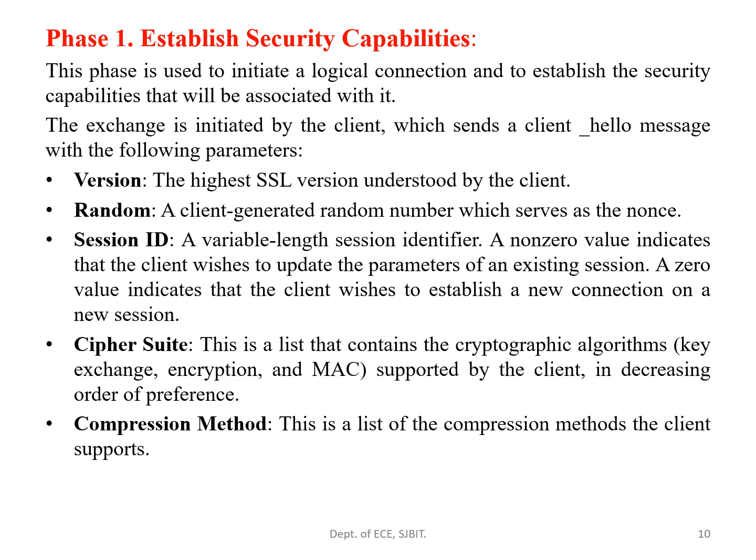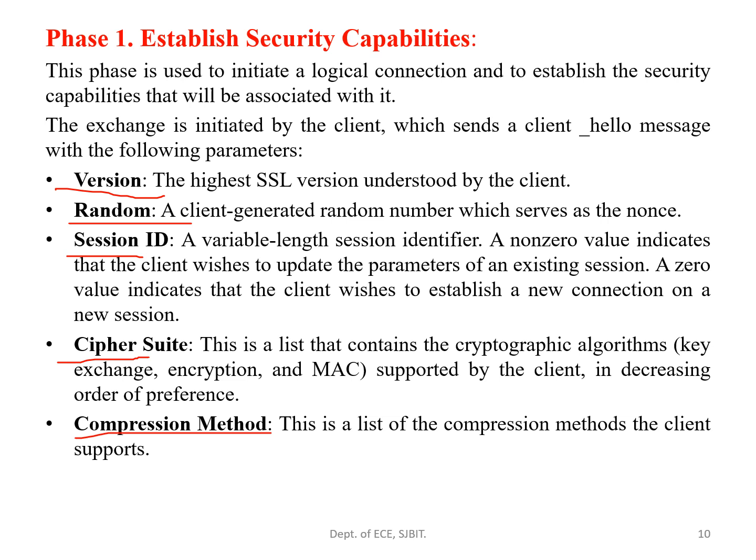Phase 1, establish security capabilities. This phase is used to initiate a logical connection and to establish the security capabilities that will be associated with it. The exchange is initiated by the client, which sends a client hello message with the following parameters: version, random, session ID, cipher suite, and compression method.